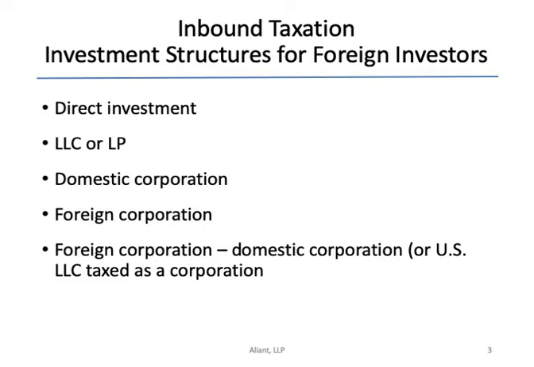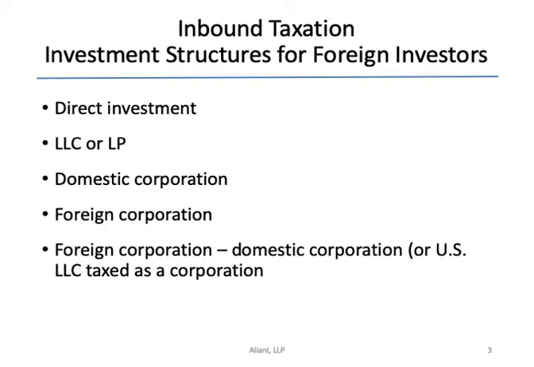Any other advantages? Well, there is no double tax that you would have with a foreign or domestic corporation structure that we will discuss in a second. It's nice not to have that double tax for income tax purposes.